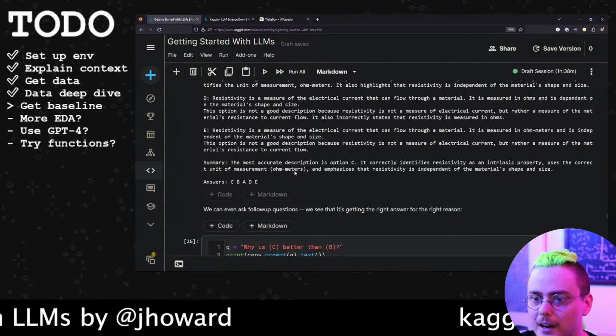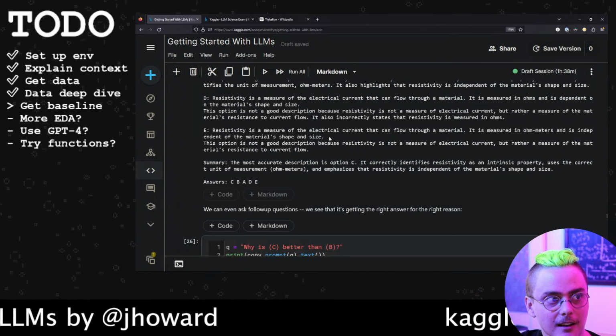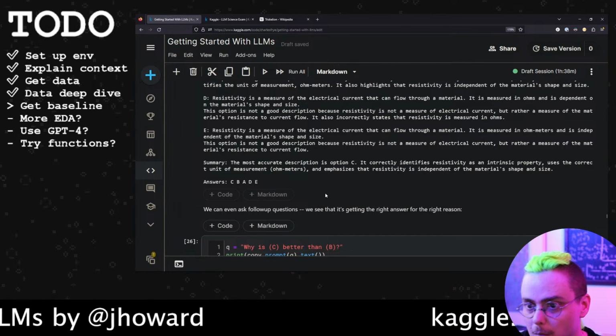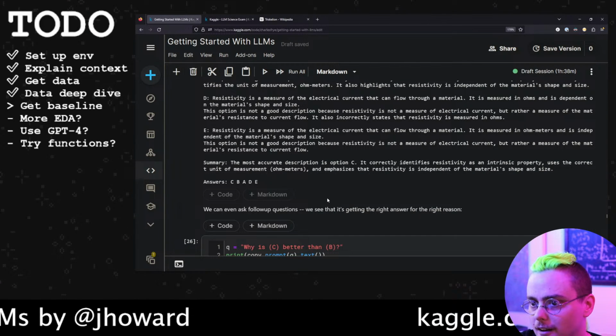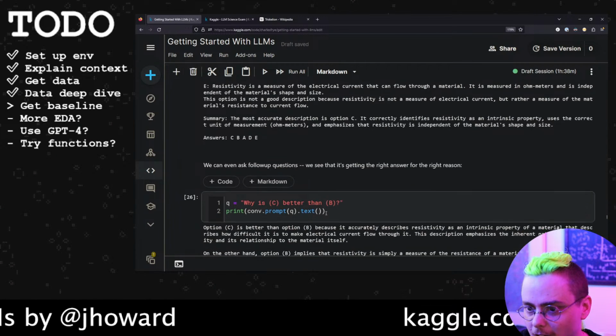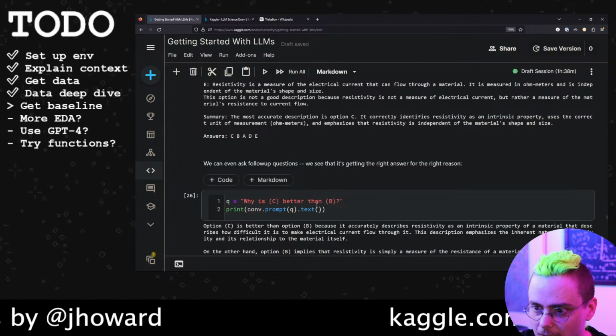So definitely be careful about relying on this in any situation where it's really important that that description is accurate, because it's very hard to trust those descriptions.